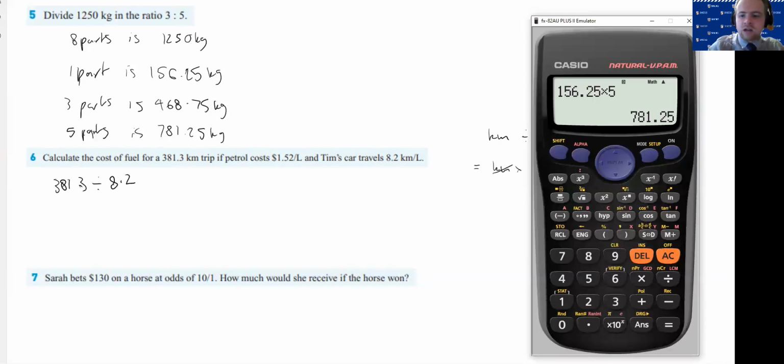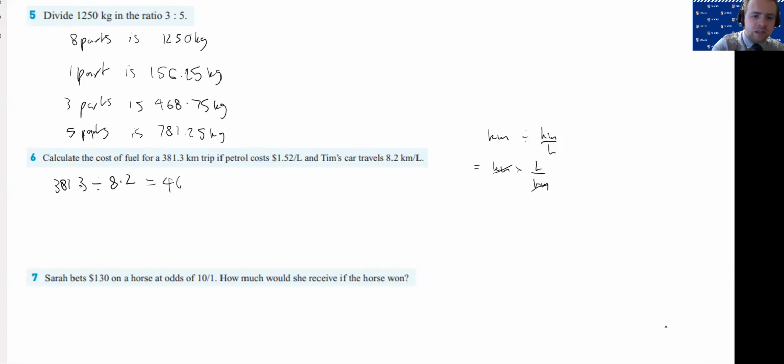We can then get our calculator out and we go 381.3 divided by 8.2, and that gives us 46.5 litres. And then to find the cost, we're going to need to times that by the cost per litre.